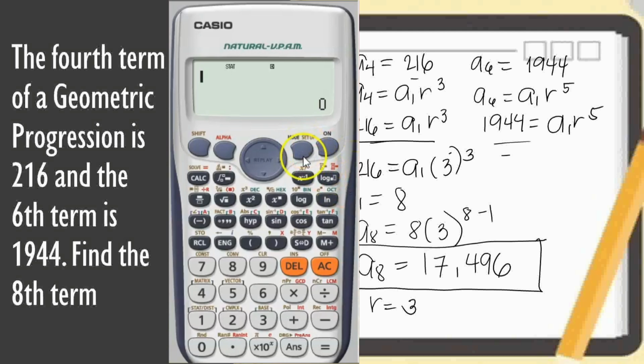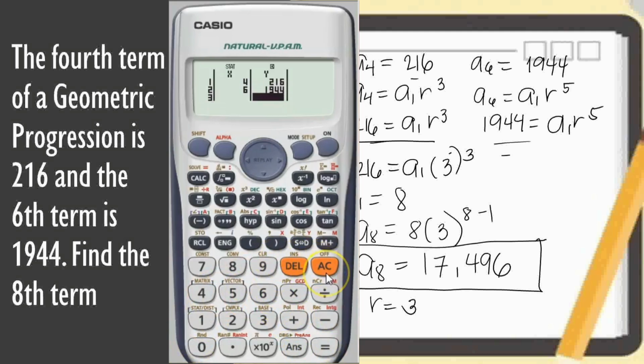So, just like dun sa arithmetic progression, mode 3, 6 tayo kapag geometric. So, yung fourth term is 216, and then yung sixth term is 1,944, then equal.